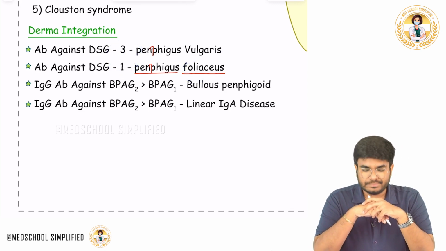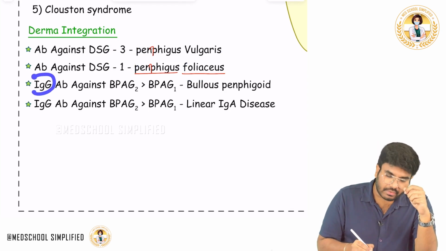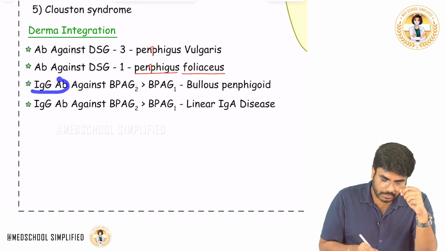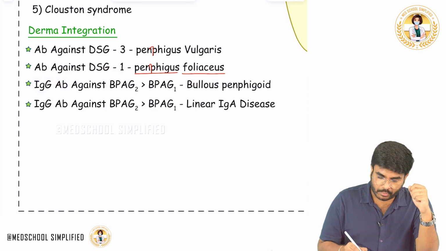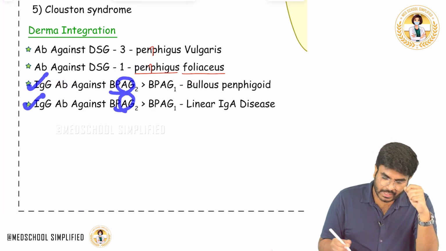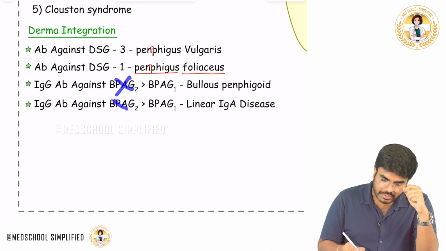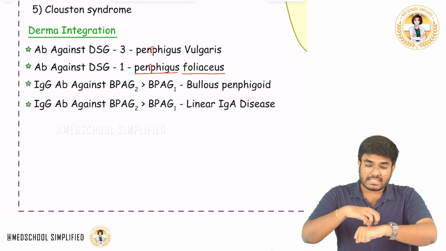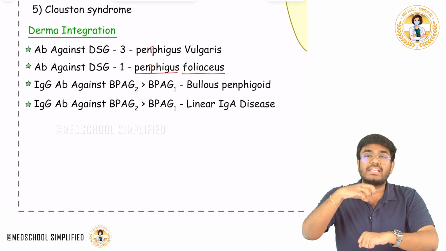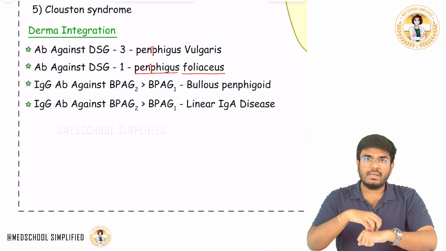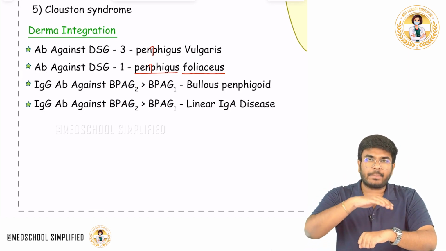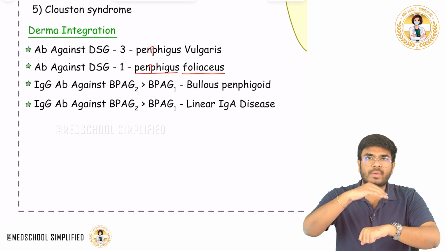That is affected. Next, there is one more condition where IgG autoantibodies are produced against the hemidesmosomal proteins. Now tell me, when the hemidesmosomal proteins are damaged, the cells will move away from the basement membrane. Now the cells are just lifting up. The cells are moving away from the basement membrane.